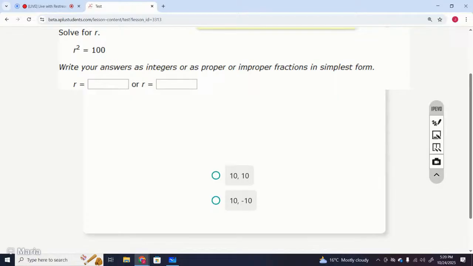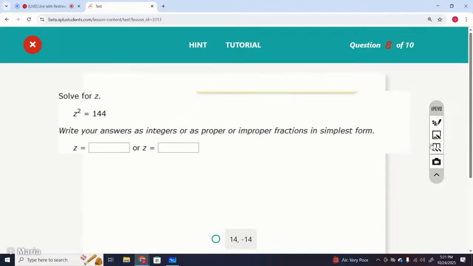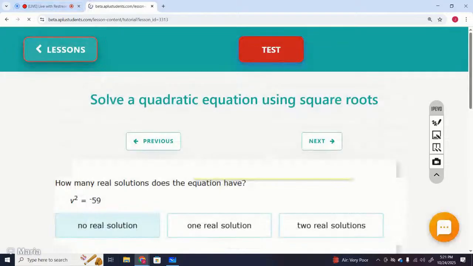Solve for r. R square equals 100. That is 10 and minus 10. Option number 2 is the correct option. Okay, you can complete the lesson by yourself later today. Move on to the next lesson.